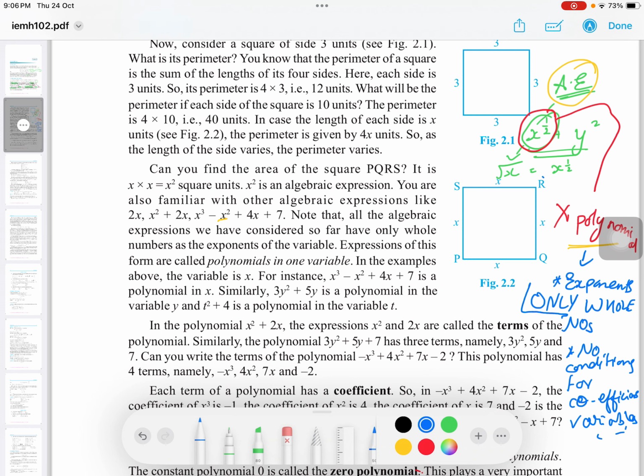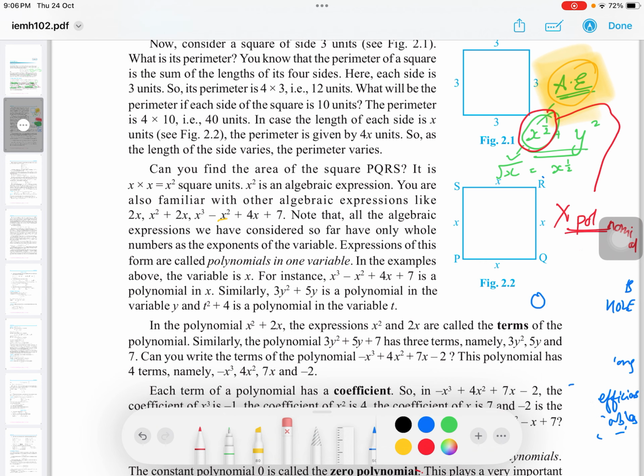Only if its exponents should only be whole numbers, only if it is a whole number can it be considered as a polynomial. Okay, if not, it is an algebraic expression. I hope you got that clearly.